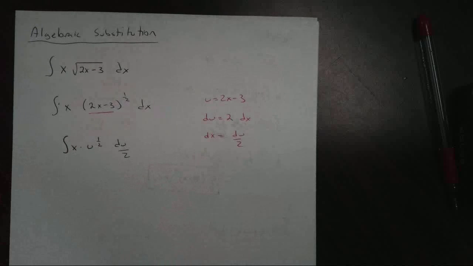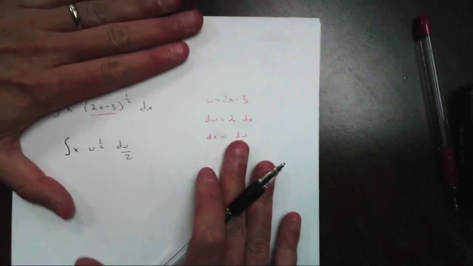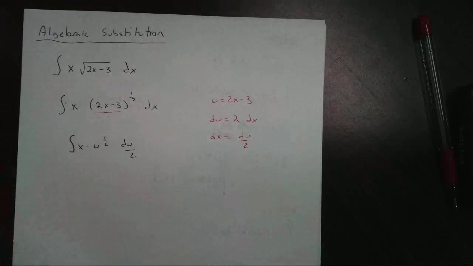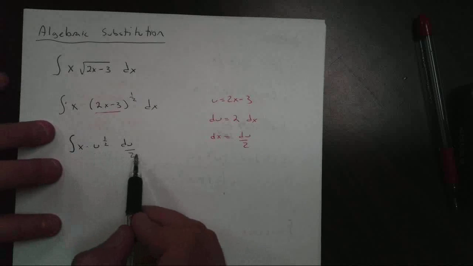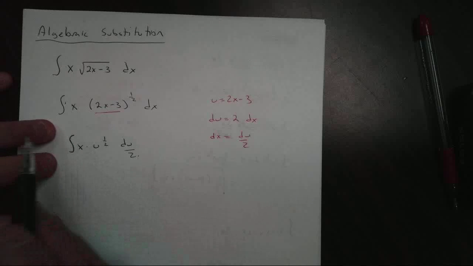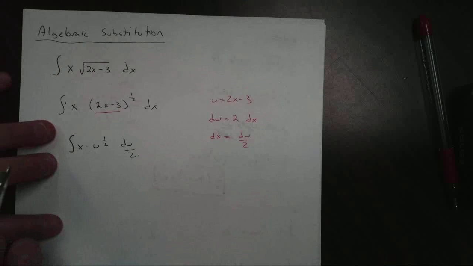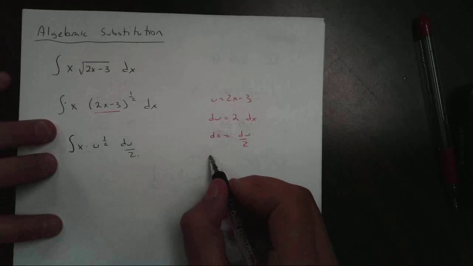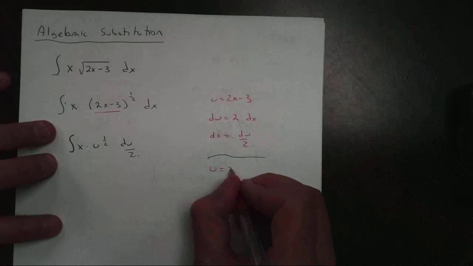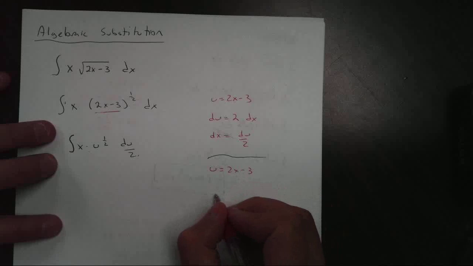Now here's where the evil comes into play. Look at this. We can't have x and u in the same place. And in this case, nothing cancels. So I'm stuck with it, but I still can't integrate it yet. So the question is, what do we do? Very simple. We know u equals 2x minus 3. Solve for x.